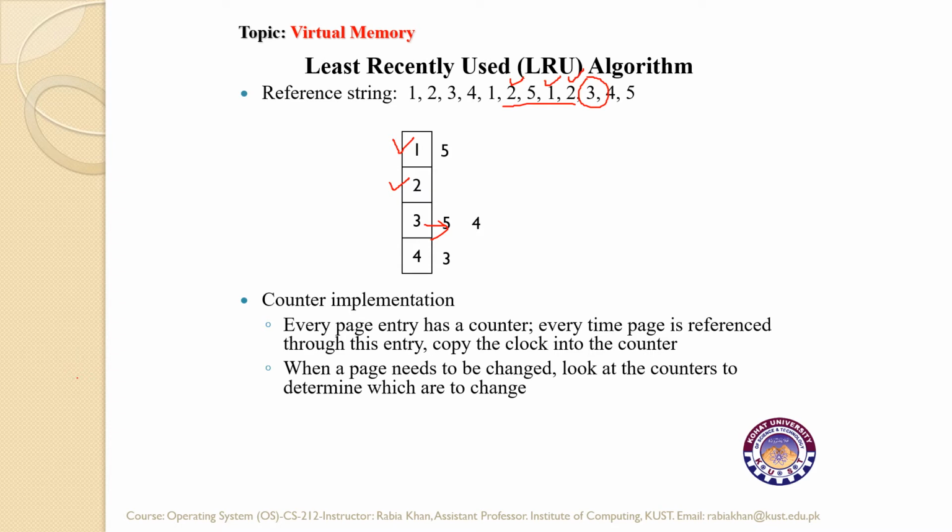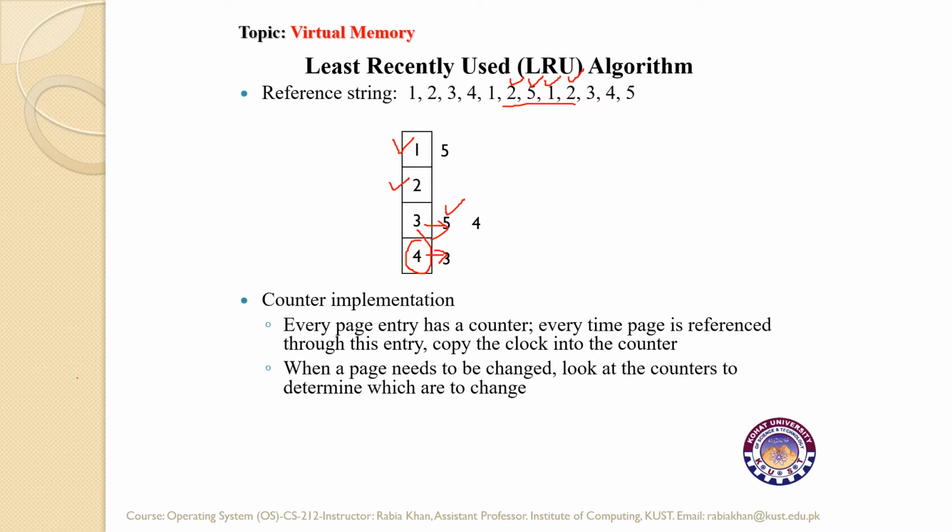Page number 5 is also recently brought in. So the only odd one out is page number 4, which is not present in the look back. So we can replace page number 4 with page number 3, as you can see here.